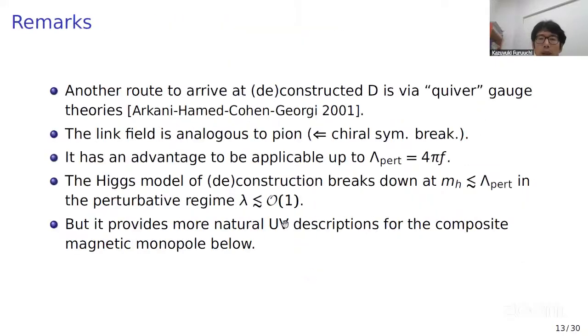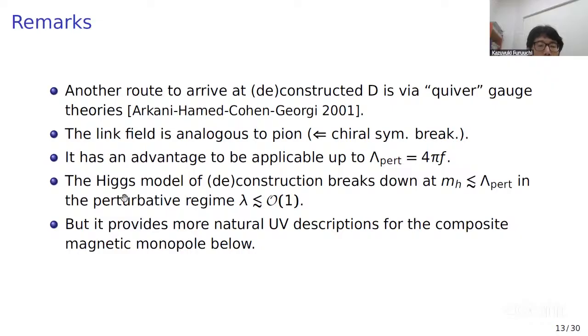Okay, here is a little remark. Another route to arrive at deconstruction is via quiver gauge theories, proposed by these people. In this case, the link field is analogous to the pion, which comes from the Nambu-Goldstone mode of chiral symmetry breaking. This approach has the advantage of being applicable up to 4 pi f, where f is like a pion decay constant.